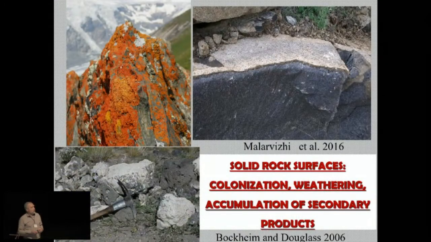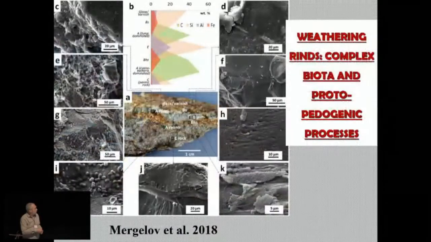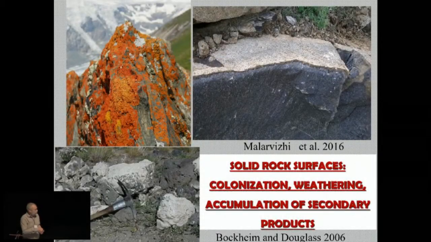however, have their own features and properties related to interaction with the climatic and the biotic factors. They are colonized by various organisms, mostly primitive, in the range from bacteria to lichens. And they also present quite a complex set of features related to alteration, weathering of primary minerals, precipitation and accumulation of secondary products, like, for example, carbonate crusts.